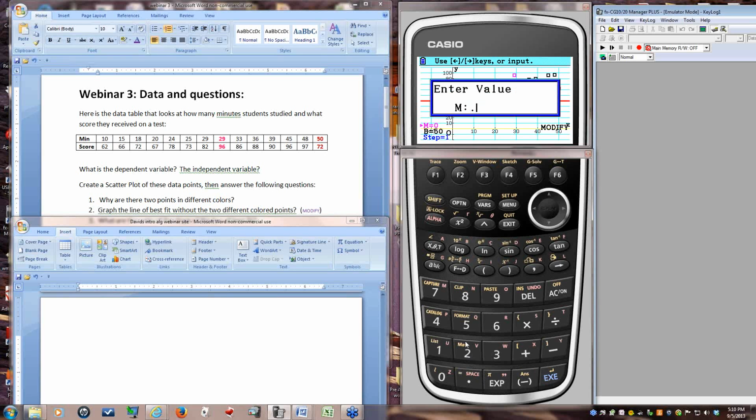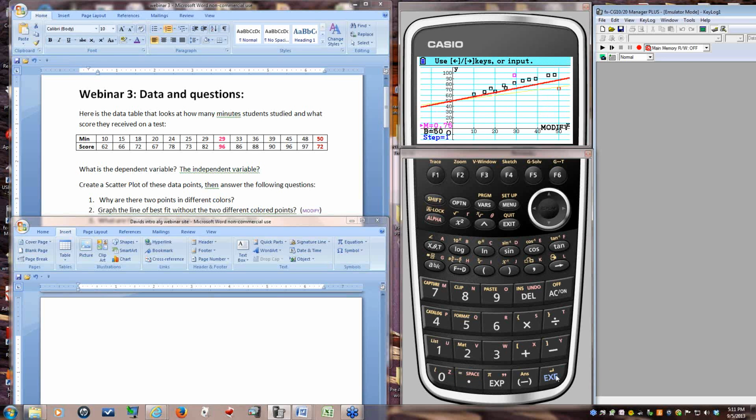Okay, somebody typed in 0.5. And again, you see here's the last line that was drawn, and here's the new one. That seems a little bit low. Somebody else had said 0.75 now. That's getting better.